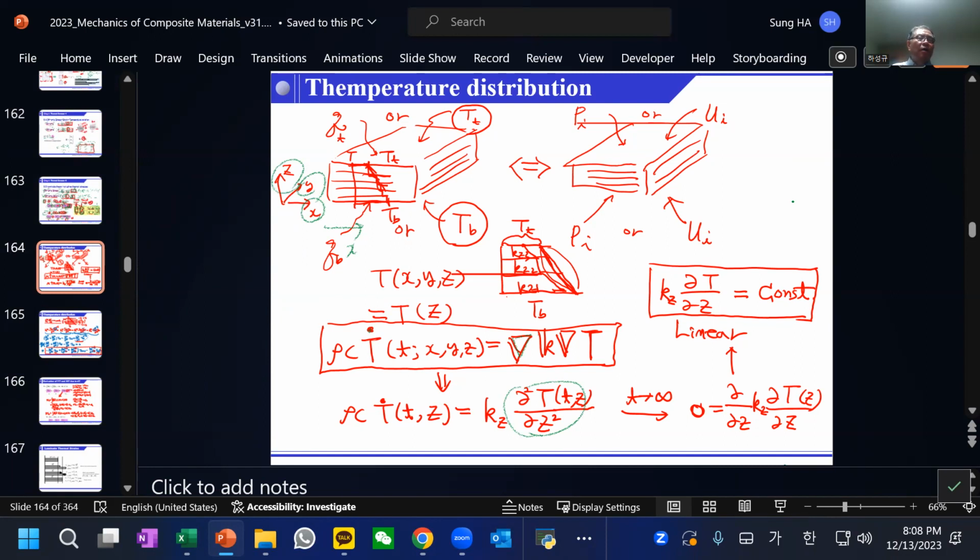And also, if this is fully equilibrated, then the time term would not change. Temperature would not change over time, just vary through the thickness. So the left-hand side can be 0, and this is the only term we have. Okay, so this is 0. What does it mean, 0? This is a second derivative. It means that the first-order derivative should always be a constant.